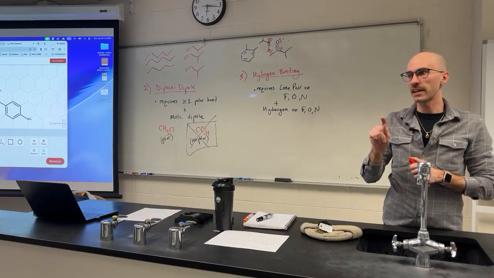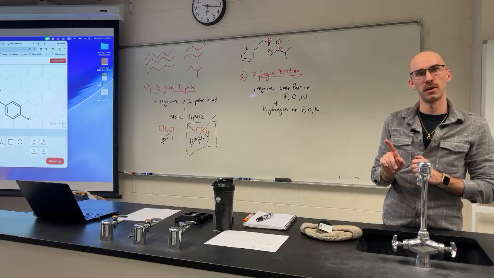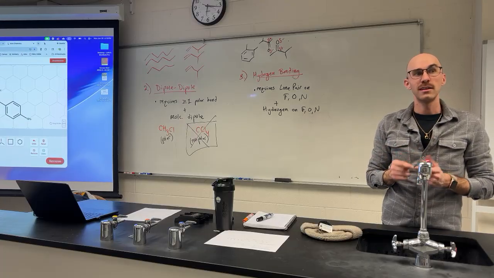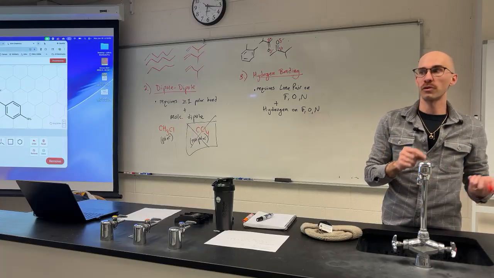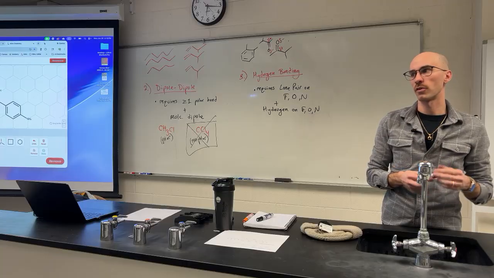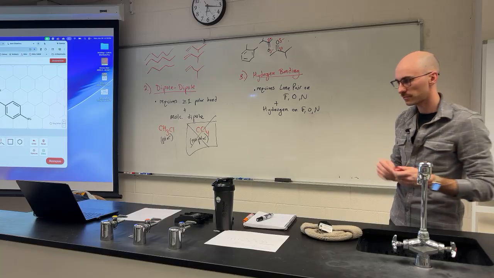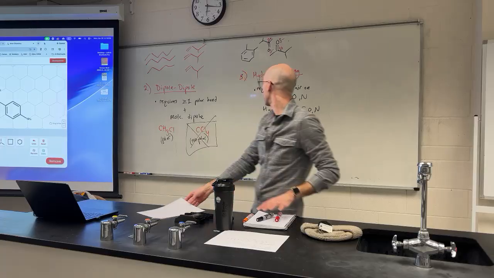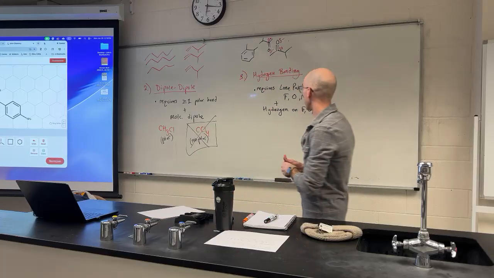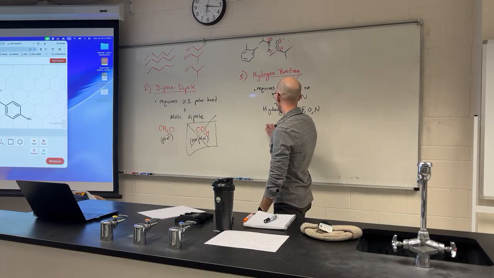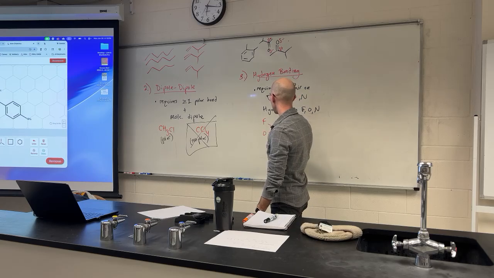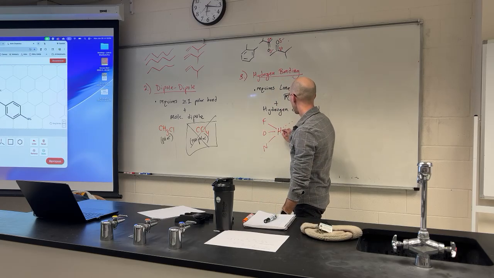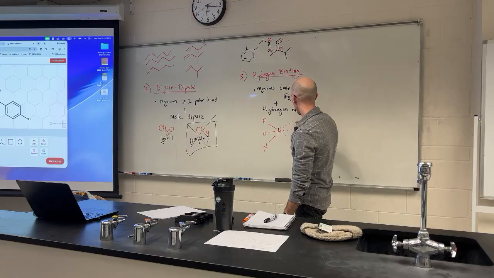It's not just hydrogens that are responsible for hydrogen bonding. It's hydrogens that are bonded to fluorine, oxygen, or nitrogen. Sometimes I give this graphic that says if a hydrogen is bonded to one of these atoms, then it can interact with the lone pair on one of those atoms.